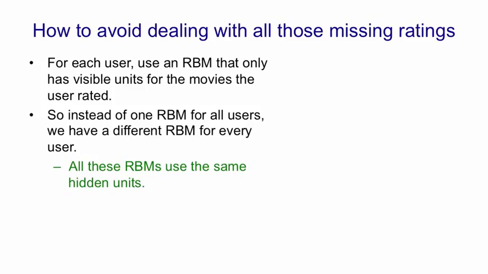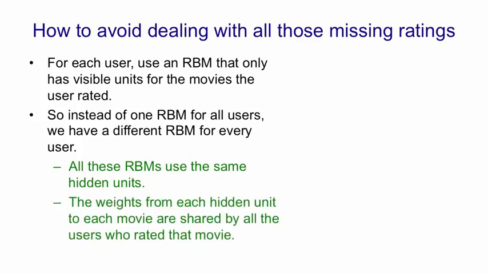Now, all of these RBMs are going to share the same weights. That is, we know which movie is which, and so if 2 users saw the same movie and rated the same movie, the weights from that movie to the hidden units will be the same for those 2 users. So we're doing an awful lot of weight sharing here.